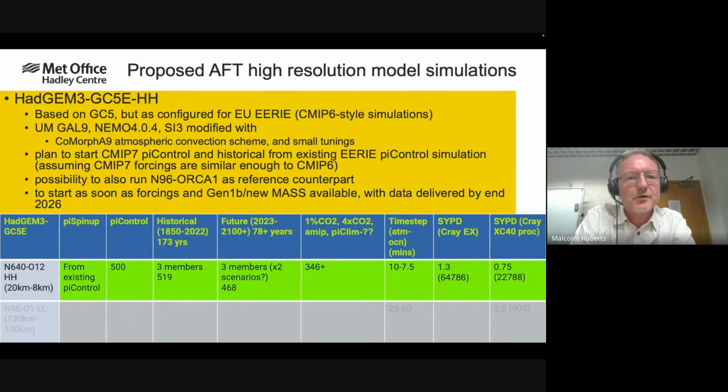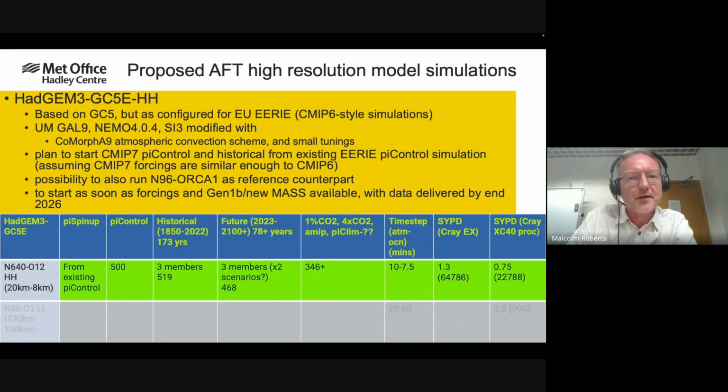It's concentration driven, like Alejandro has just described. So we've been running that for standard CMIP6 forcing. We've done a spin up, we've done 200 years of PI control, and currently the high resolution model is getting nearly through the historical simulation.